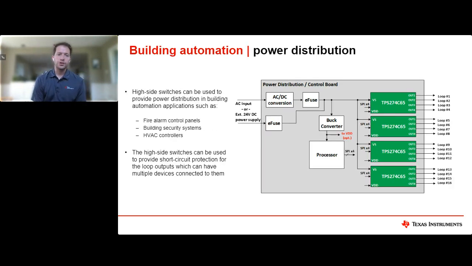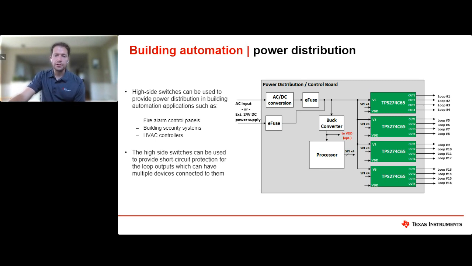Now going over to building automation, the power distribution. For things like fire alarm control panels, building security systems, and HVAC controllers, there are usually loop outputs that exist in the control modules or control panels. So you need to provide power out to the loops to power the different things that are attached to the loop.